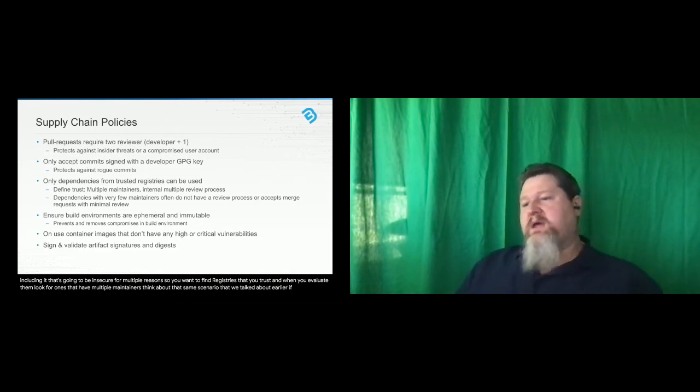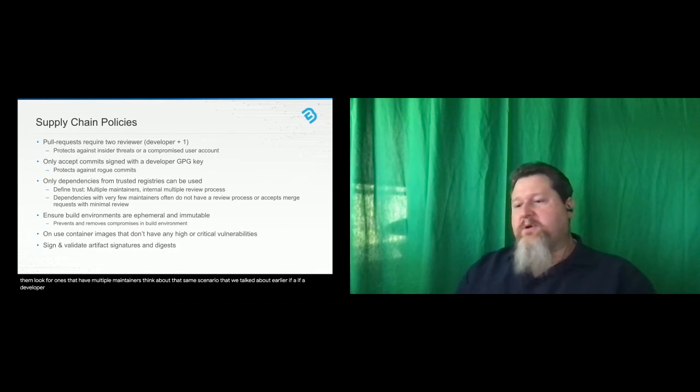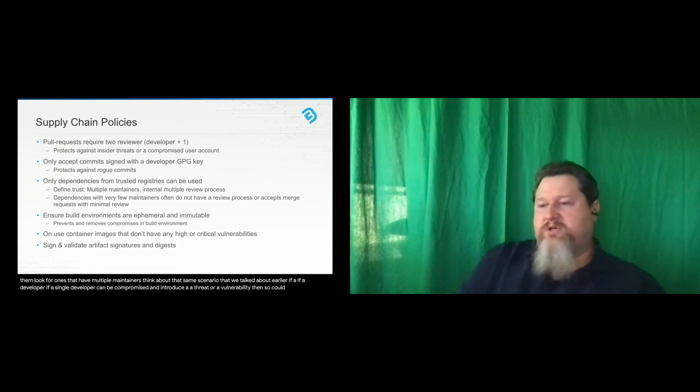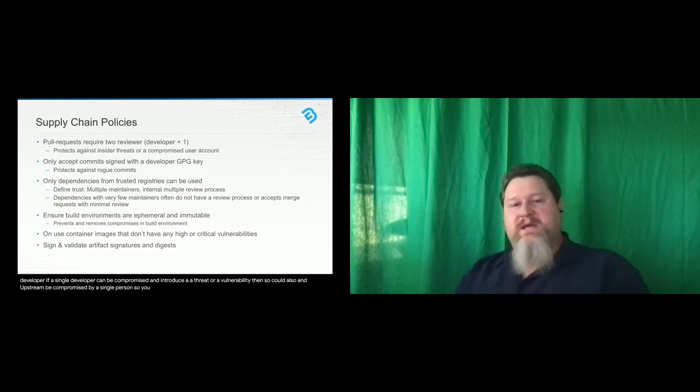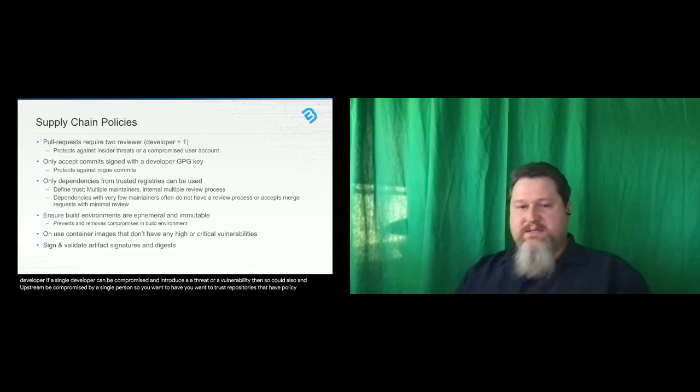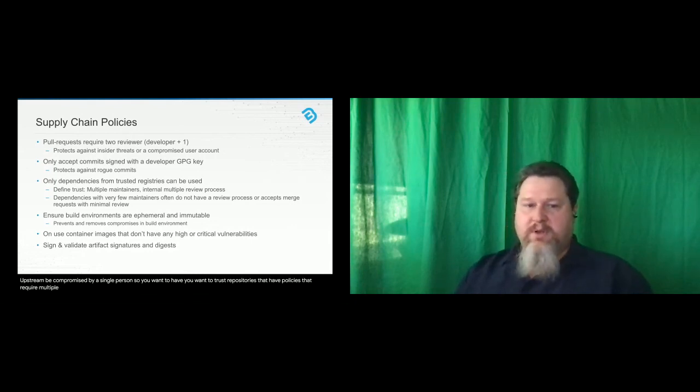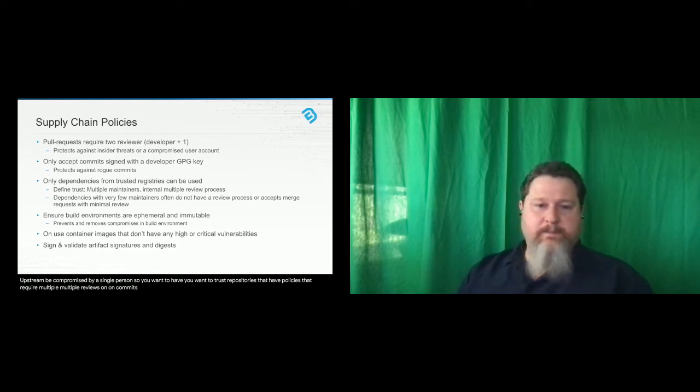If a single developer can be compromised and introduce a threat or a vulnerability, then so could an upstream be compromised by a single person. So you want to trust repositories that have policies that require multiple reviews on commits.